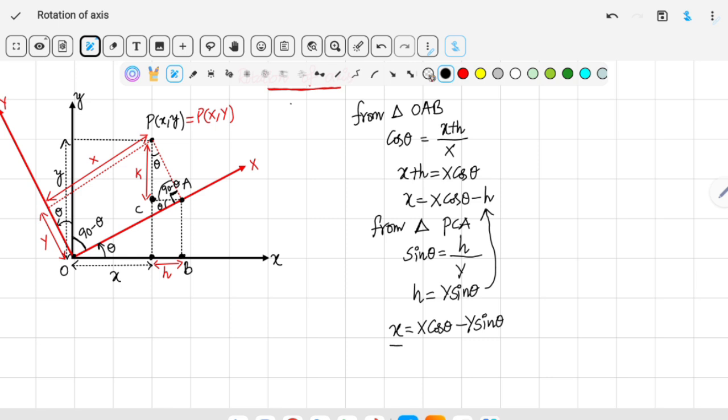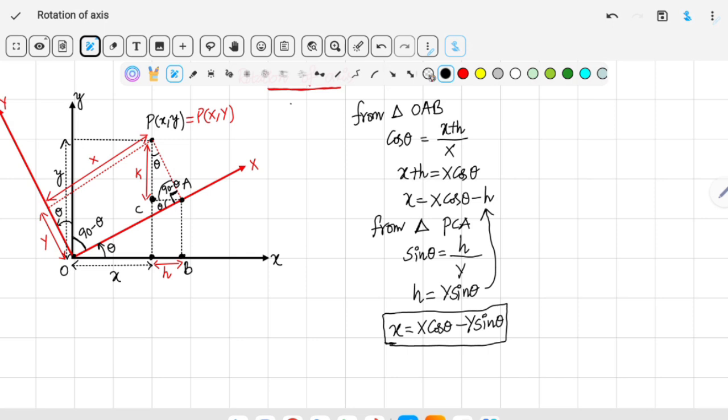So this is the relation between the old coordinates and the new coordinates. From this equation, if you know capital X and capital Y and the angle by which the axis is rotated, you can easily find small x. Now let us find what y is.